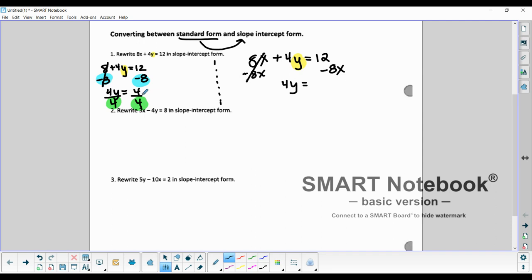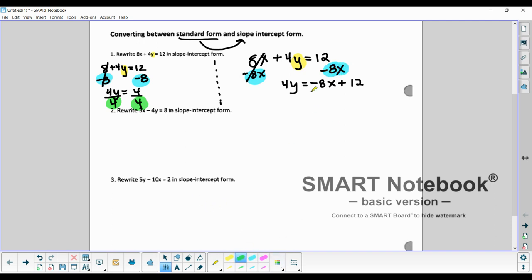Here, 12 minus 8 was 4. I can't subtract 12 minus 8x. They're not the same. So for these problems, because we're trying to get it in slope intercept form, we're actually going to put the negative 8x first and then the 12 at the end so that it's in mx plus b format.